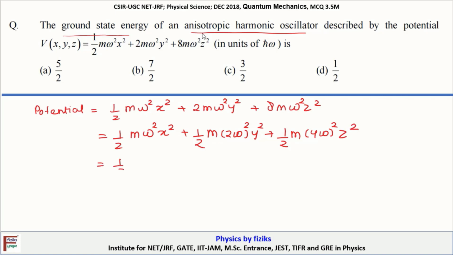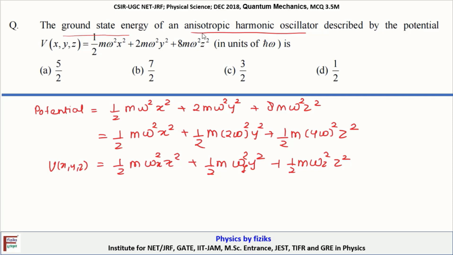So we would be writing 1/2 m omega x square plus 1/2 m omega y square into y square plus 1/2 m omega z square into z square. So now this potential is expressed in the form of an isotropic harmonic oscillator.